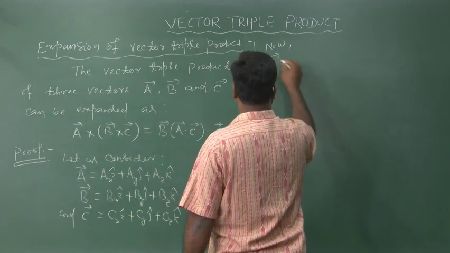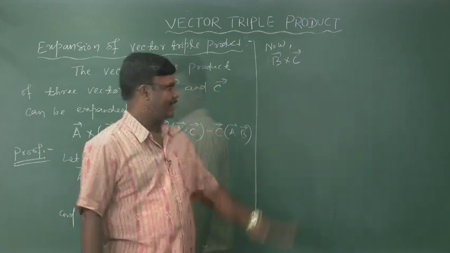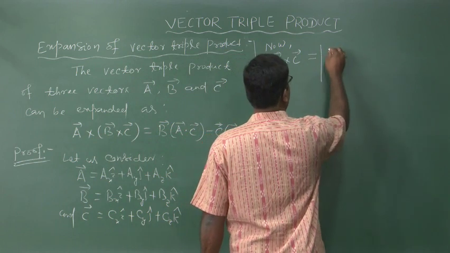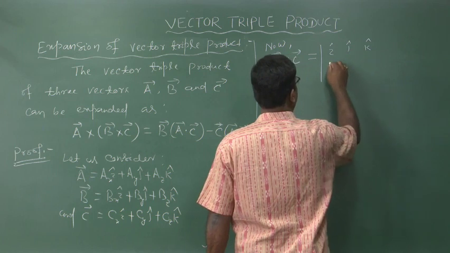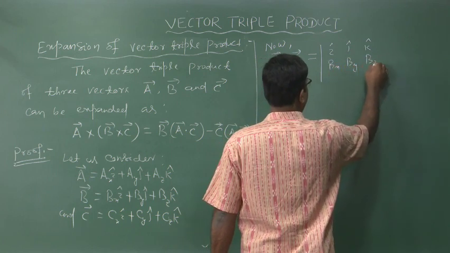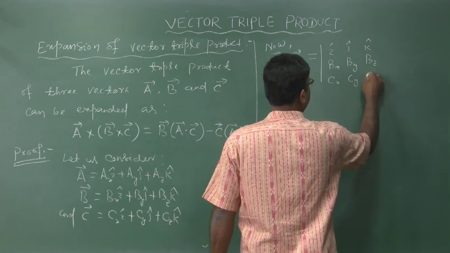B vector cross C vector can be written in matrix form as the determinant with rows i cap, j cap, k cap; Bx, By, Bz; Cx, Cy, Cz.